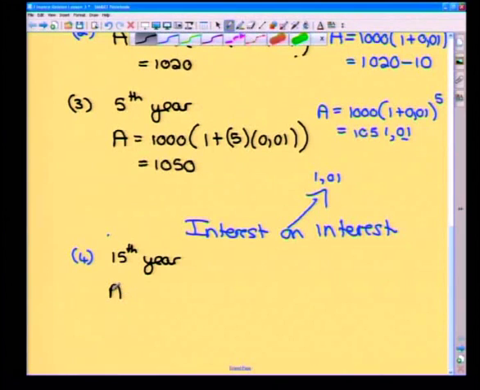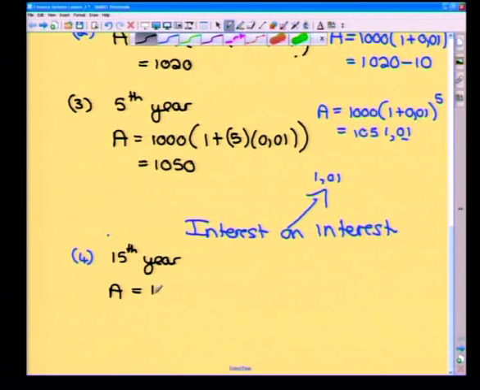And so it's a good idea to have in the back of your mind an idea of how that answer should look. So if I'm looking at the 15th year, I have realized that every single time I've basically added 10 Rand to the amount. So I anticipate my answer to be 1,150 odd. So let's see if I've anticipated correctly.